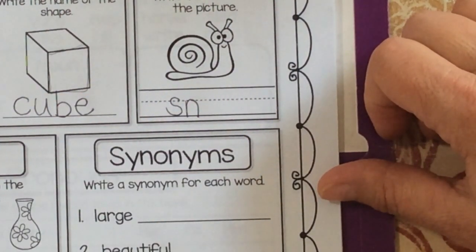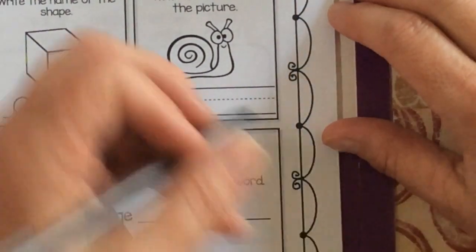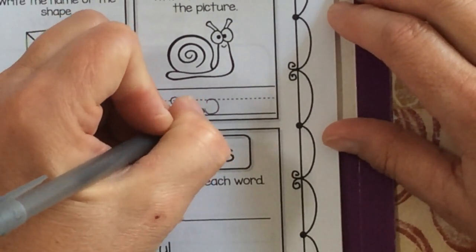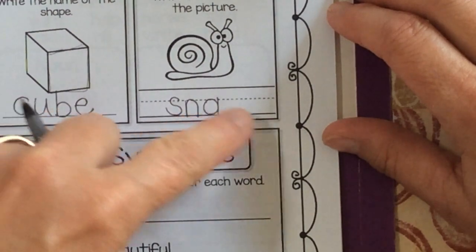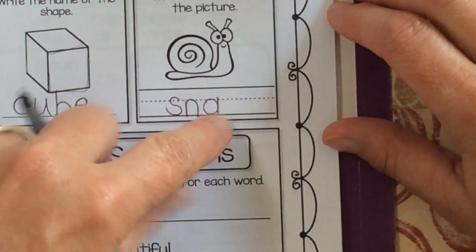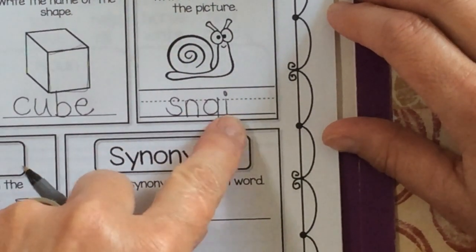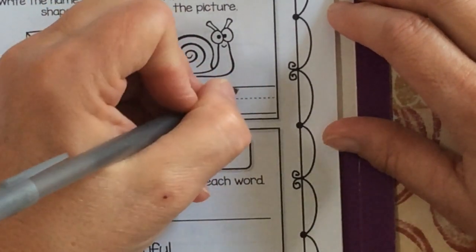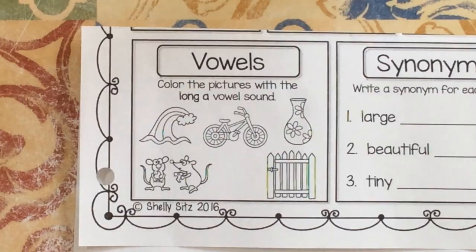It also has a vowel team, A-I: two letters walking together to make one sound. It has to start with A because you hear the A. S-n-a-, and it has to have another vowel here, and it is an I. The vowel team A-I, and it ends with L. Snail.